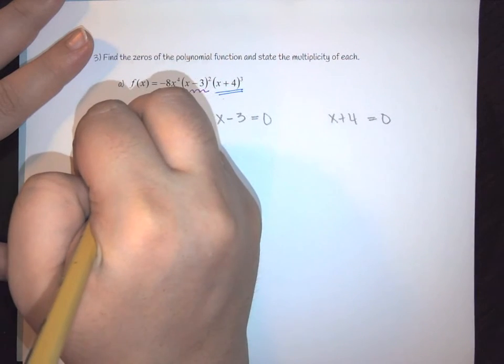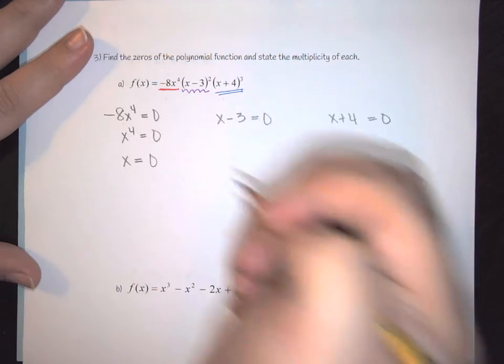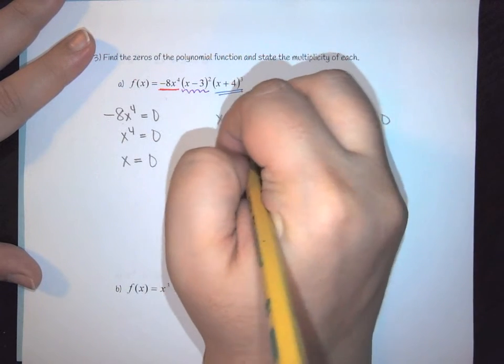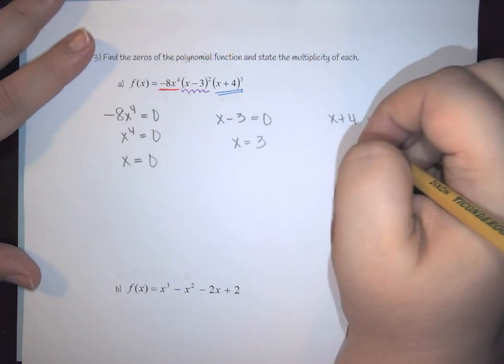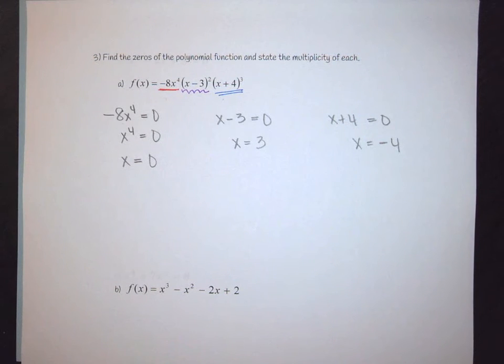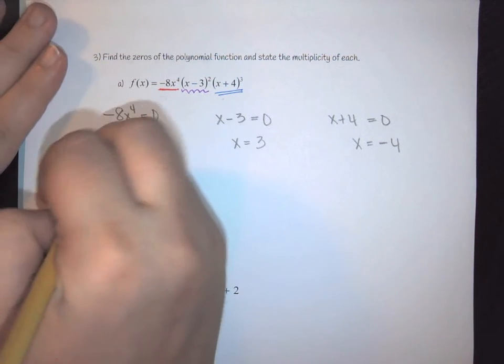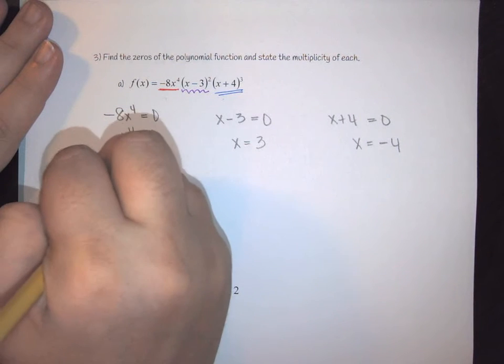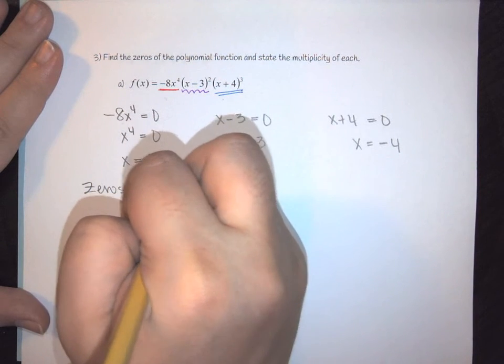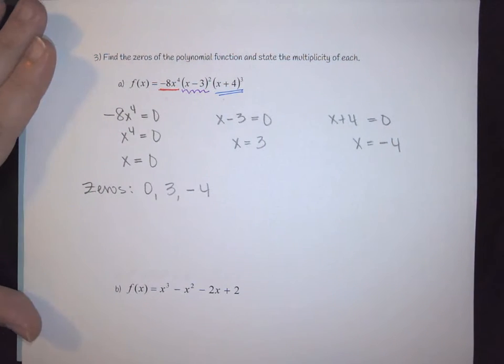So in this case, take the 4th root, and we know that x equals 0. If we look at that second one, we move the 3 over, so x is 3, and we move the 4 over, so x is negative 4. We have found our zeros. So the zeros that we have are 0, 3, and negative 4.